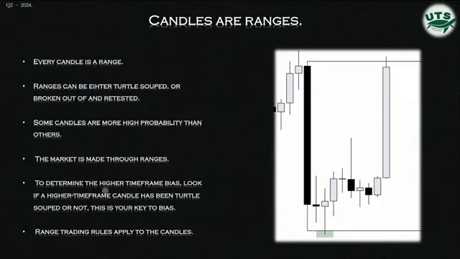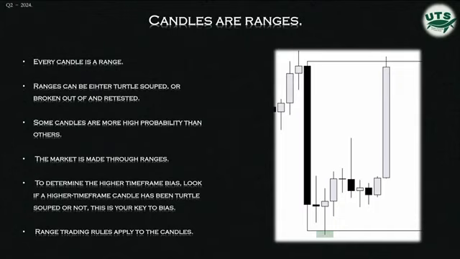To determine the higher time frame bias, which is a big issue in the ICT community, just look if a higher time frame candle has been turtle souped or not, and that will give you the key to the bias. Don't force it. When it's happening, it'll make itself very apparent to you.